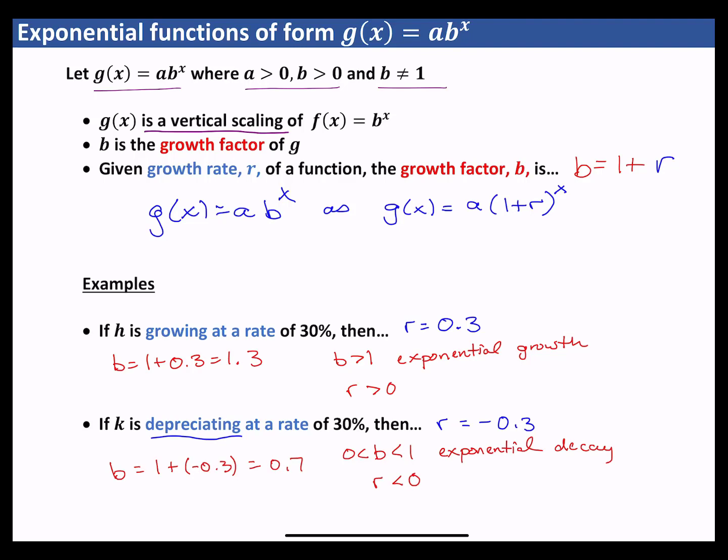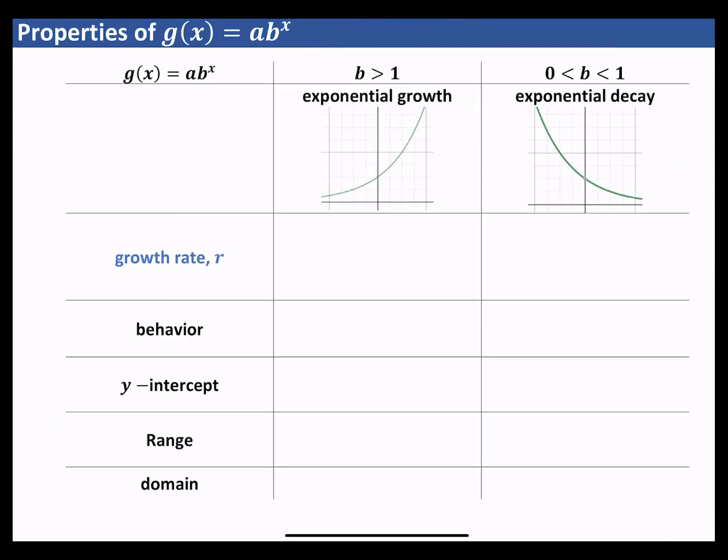Now let's make note of the different properties of g of x in both cases, when there is exponential growth and exponential decay. So again, we'll let g of x equal a b raised to the x power, and on the previous slide, we saw that when the growth factor b is greater than 1, the graph exhibits exponential growth.